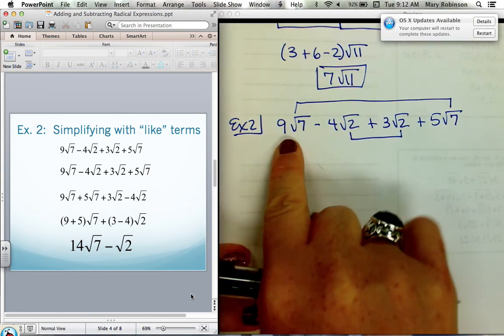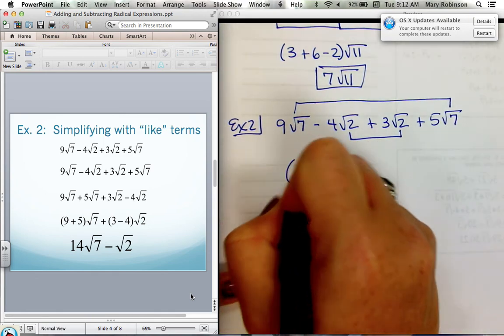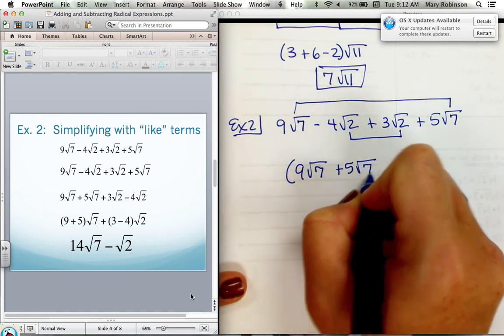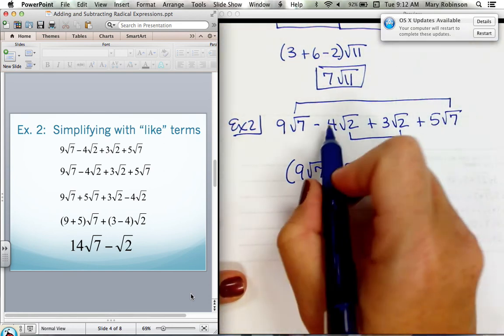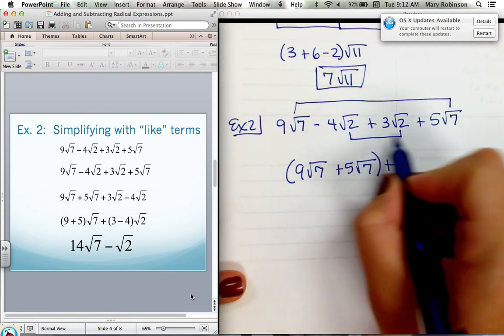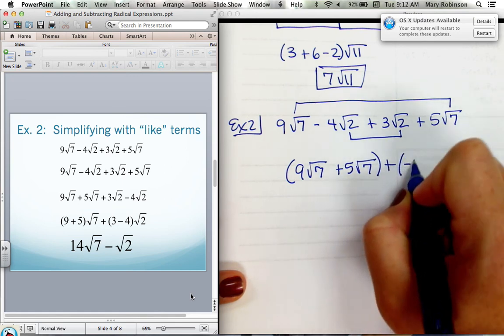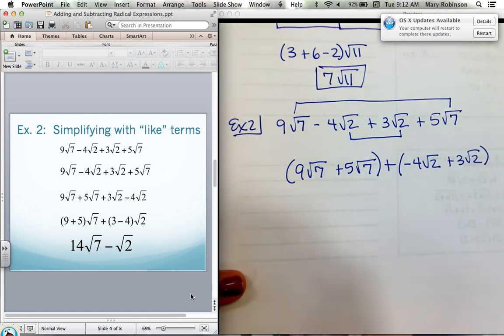So 9 square roots of 7 plus 5 square roots of 7 are like terms. So I'm actually going to group those together, 9 square roots of 7 plus 5 square roots of 7. And I want to combine that with these two terms. These have like terms because their radicand is 2. So I'm going to group them together. Negative 4 square root of 2 plus 3 square root of 2.